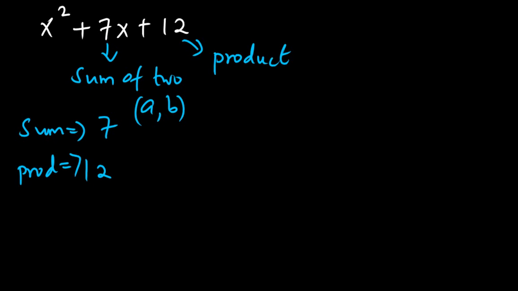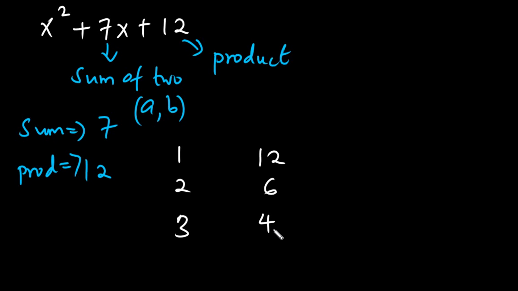Which are these two numbers? As I told you, if you want to get them fast, what you need to do is to first write the factors of 12, the numbers that when you multiply, you get 12. So let me start with 1 and 12, 2 and 6, 3 and 4. I believe those are the ones.